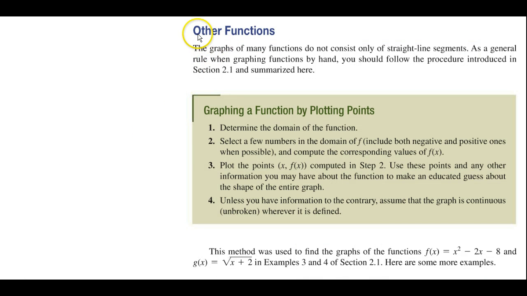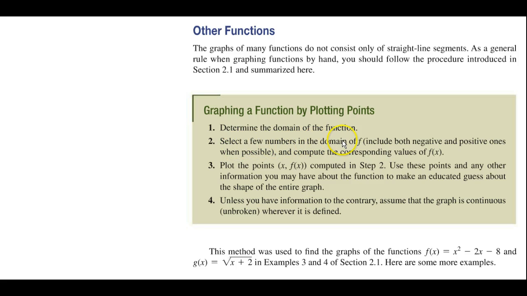Now, for graphing other functions, we saw straight lines, we saw V-shaped graphs. Now there are going to be other shapes, parabolas and curves, and for graphing these functions, here is a protocol to follow. First, determine the domain of the function.